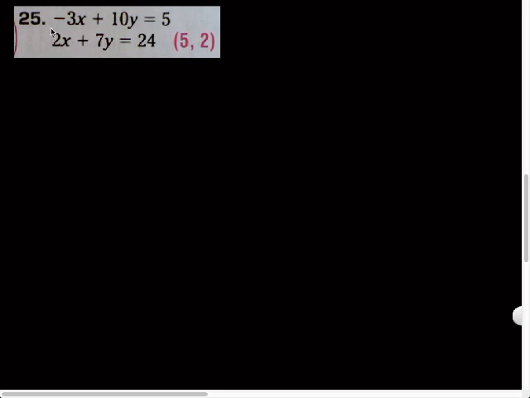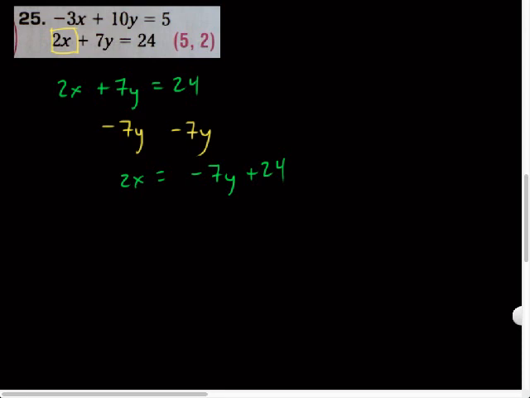Let's just solve for the second equation's x. I'm just picking one that seems to be kind of nice-ish. So 2x plus 7y equals 24. To solve for that x, I would just move the 7y away. So 2x is equal to negative 7y plus 24.